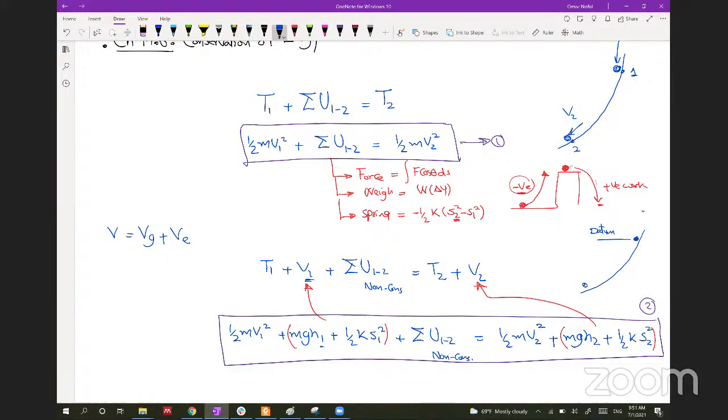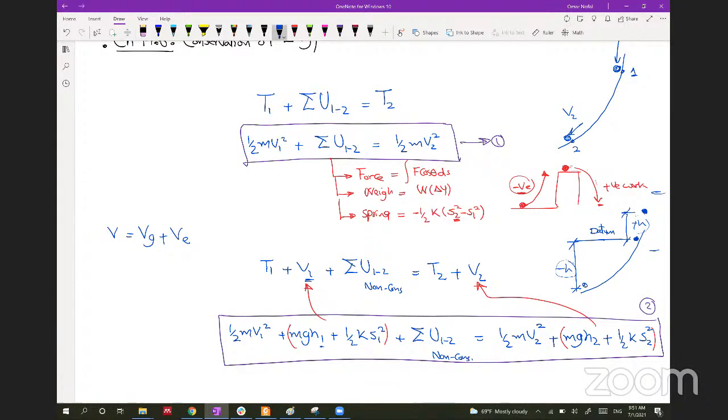But if your body is above the datum, it has a positive potential energy, a positive h, and if it's below the datum, it has negative h. You can assume the datum at any location, up there or here, whatever you want. All of them will give you the same answer. Just pick a datum, and if your body is above the datum, it will have a positive h. If it's below the datum, it will have a negative h.